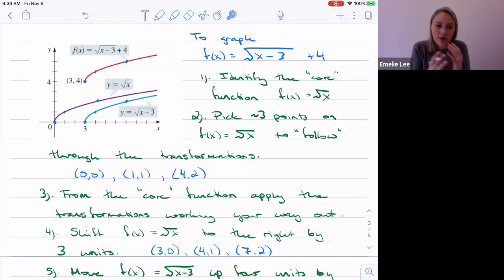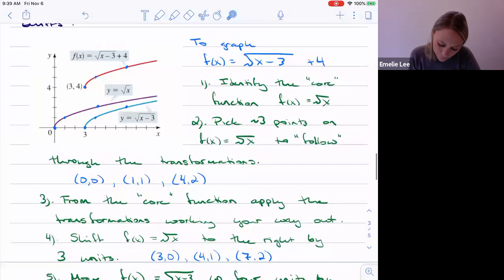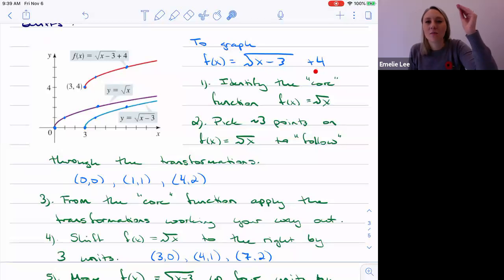You want to break it down into a core function, find some key points that you can follow around, and then you can move those points around, knowing how the x minus 3, for example, knowing that it moves it over to the right by 3, and then adding 4 to f of x bumps it up by 4. Okay, so those are our vertical shifts and horizontal shifts.